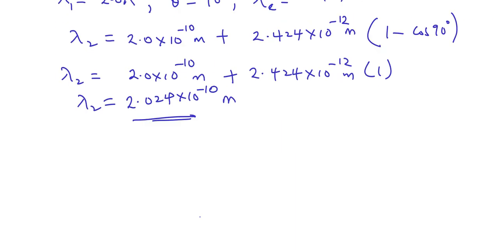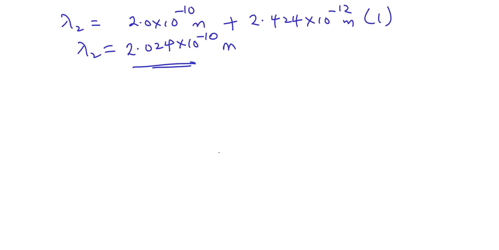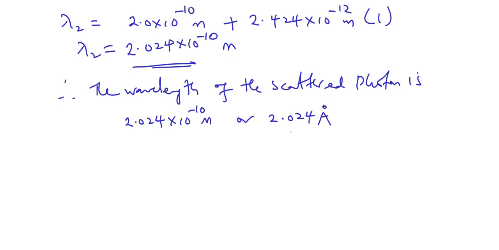This is the final wavelength of the scattered photon. Therefore, the wavelength of the scattered photon is 2.024 times 10 to the minus 10 meters, or 2.024 angstrom.